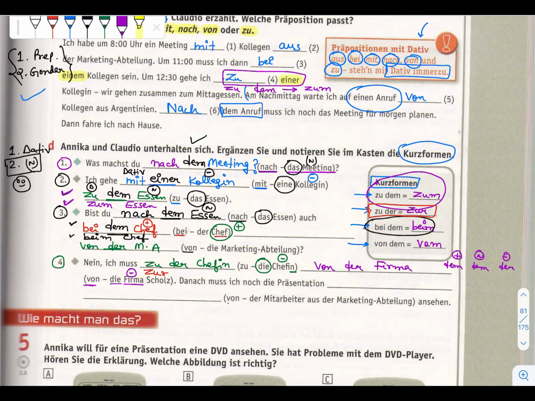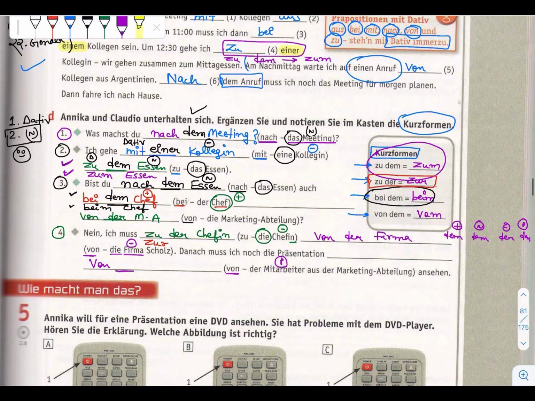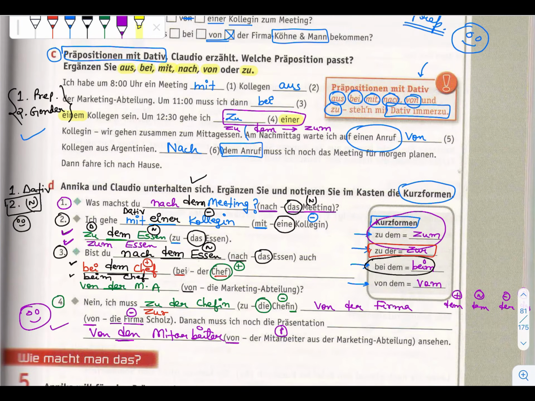Danach muss ich noch die Präsentation, then von will come here, and then der Mitarbeiter, and Mitarbeiter here is plural. So what will come after this? Dem, der, den. Dative of plural. Check here. Dative of plural, den. So we will write here den Mitarbeitern. I hope now it's clear.